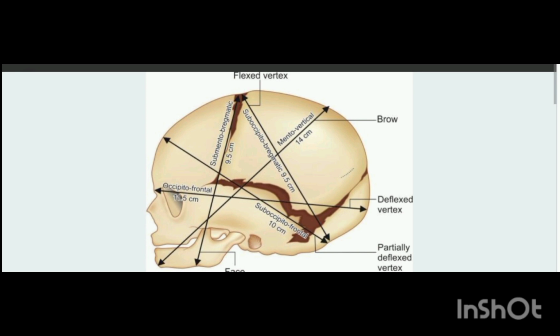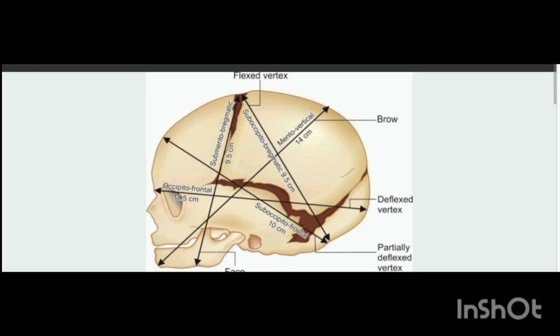This is about 13.5 to 14 centimeters. In different books different measurements are kept, but the range is 13.5 to 14 centimeters. This is the greatest measurement of the fetal skull.